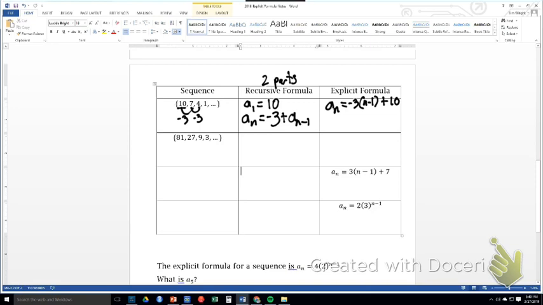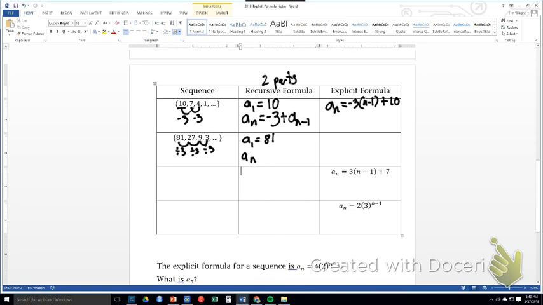Okay, so that's it. I know that this can seem a little crazy, but let's just keep going and see if we start seeing the patterns. So for this one, a1 is equal to 81. And then an, this one's trickier. I'm dividing by 3, dividing by 3, dividing by 3. But if we remember, I don't really care what I'm dividing by. I want to know what I'm multiplying by.